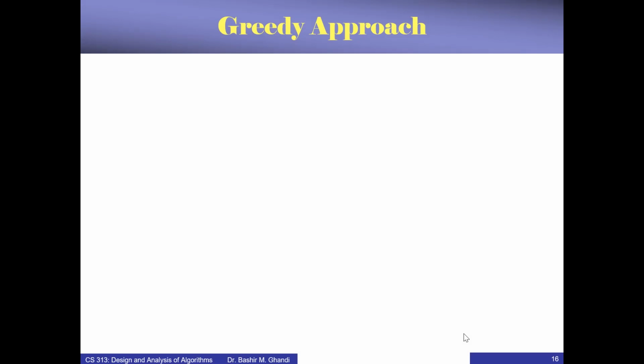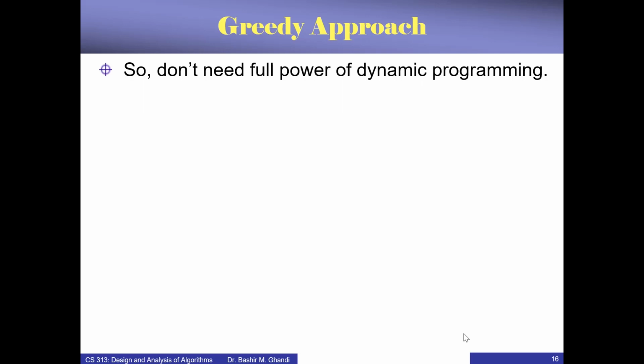So now we need to explain how to actually go about solving greedy problems, because what we have done so far was following the dynamic programming approach, starting by characterization, coming up with a recursive algorithm, and so on. But what we have just seen from the last slide is that we don't need the full power of dynamic programming to solve this problem.